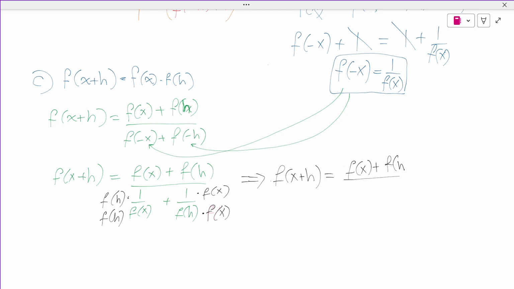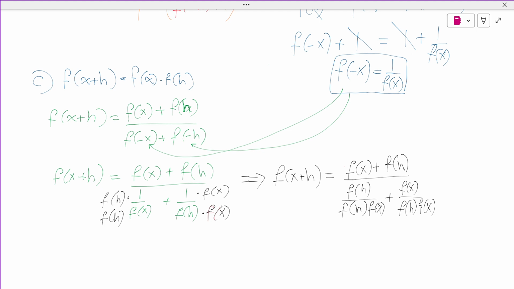This is the numerator, remains the same for now. This is f of h over f of h times f of x plus this is f of x over f of h times f of x.